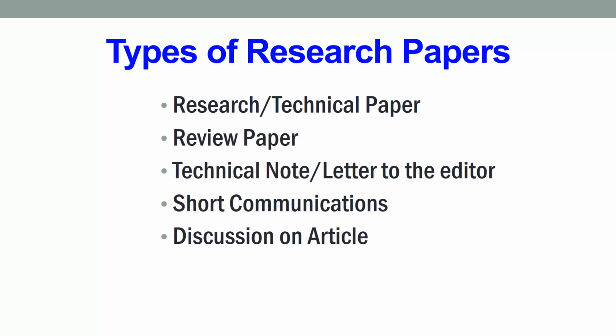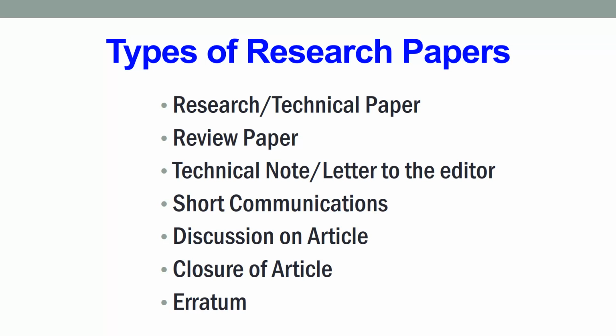You can publish a discussion on any published article, and if any discussion is published, you can publish a closure of that discussion in the form of an article to that journal. Even you can publish erratum.